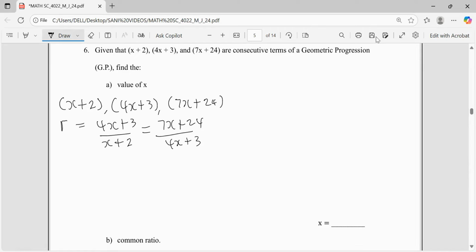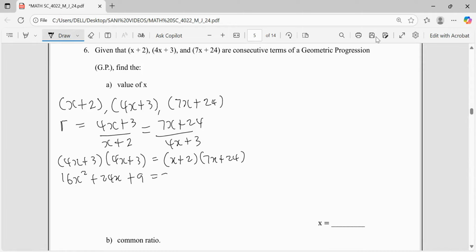When you cross multiply, you have 4x plus 3 times 4x plus 3 equals x plus 2 times 7x plus 24. So we expand the brackets. 16x squared plus 24x plus 9 equals 7x squared plus 38x plus 48.